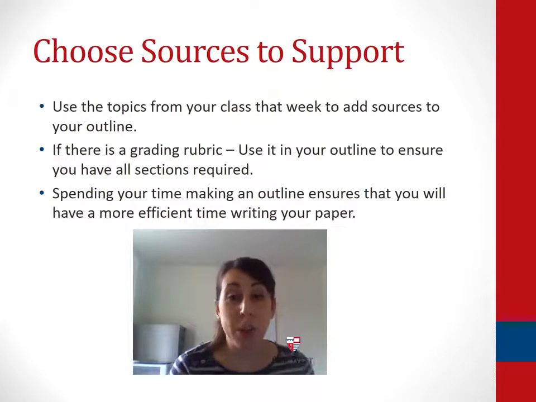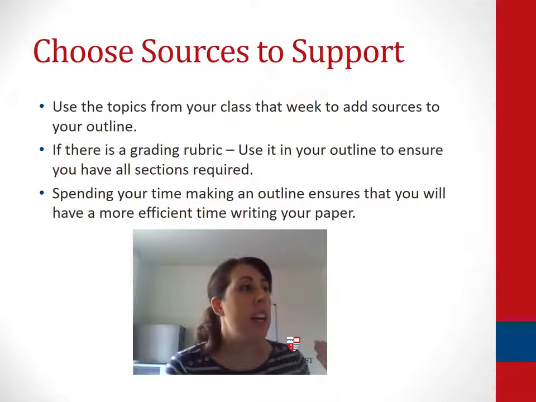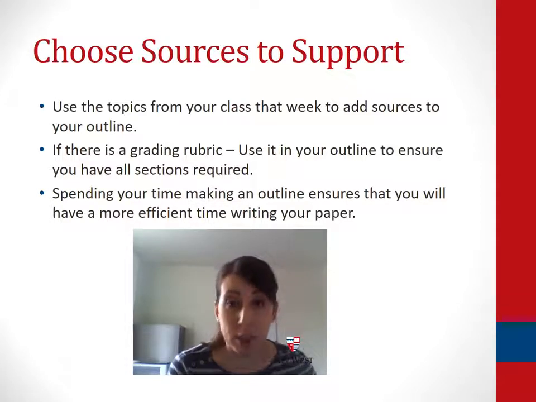Lastly, what you're going to want to do before you start writing your final essay is choose pieces of support to put into your assignment. This isn't an assignment where you're just talking about your past knowledge. You're going to need to support what you're saying with evidence. The way that you do that is by citing sources.